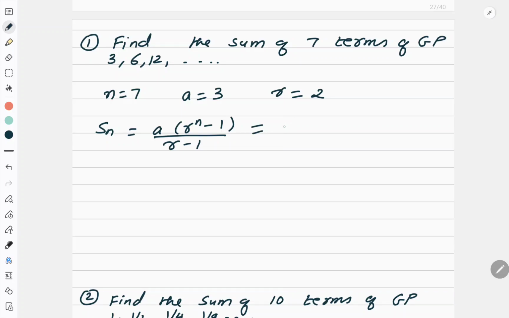So A is equal to 3, R is equal to 2, upon 2 minus 1. Now 2 to the power 7 is how much? 128. So 128 minus 1, that is 127, and 127 into 3 is 381. So this is my answer. Easy? You only recognize the value of A, R and N and substitute in the formula. This is a direct question.